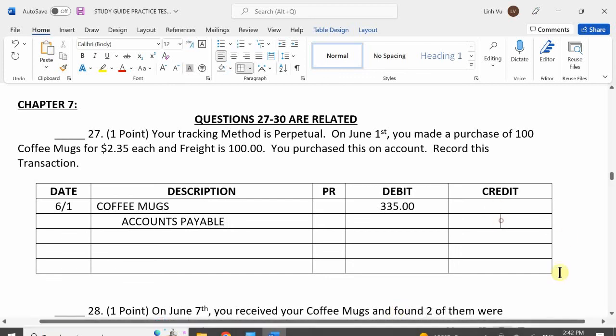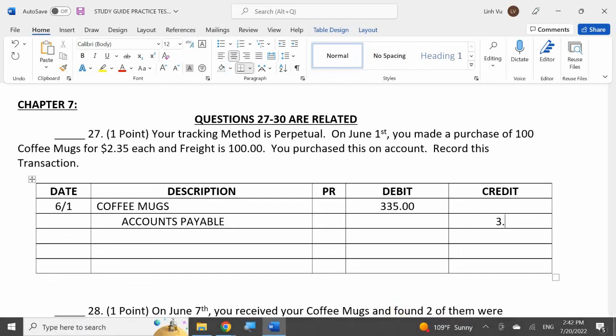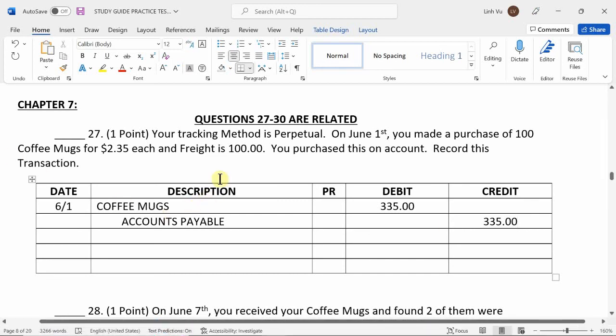Now, in this case, under perpetual inventory, we are going to put everything into inventory. So my purchase price, if I purchase 100 coffee mugs at $2.35, gives me a grand total of $235. But because I'm also putting any cost related to inventory into inventory, that additional $100 will increase it to $335, which is all going directly into the coffee mugs.